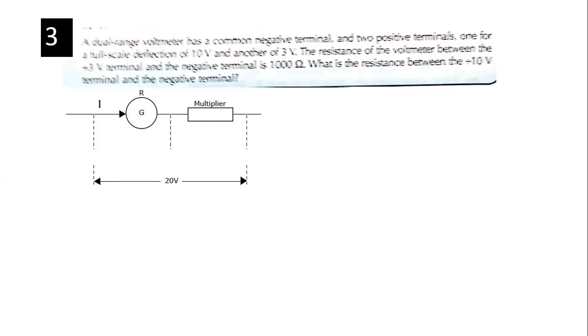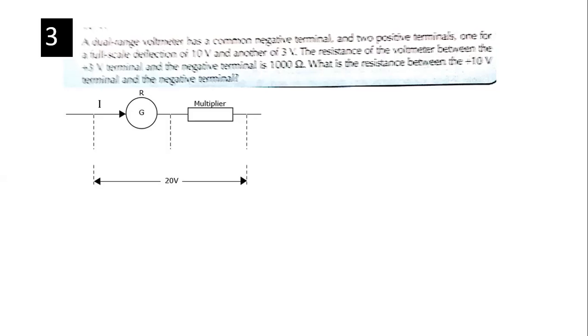Okay, this one is a bit more challenging. The voltmeter can be used to measure 10 volt and 3 volt. The resistance of the voltmeter between the 3 volt terminal and the negative terminal is 1000 ohm. What's the resistance between the 10 volt terminal and the negative terminal? In this case, they didn't give you, so most likely the resistance of the galvanometer is negligible.